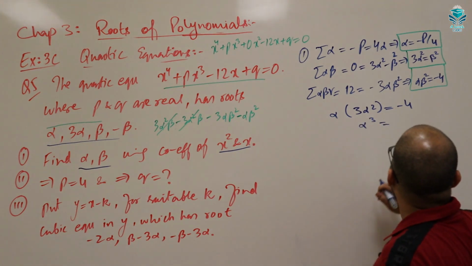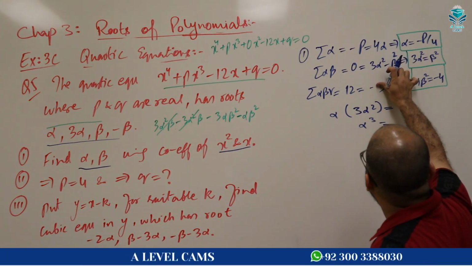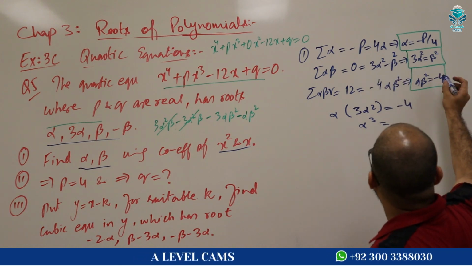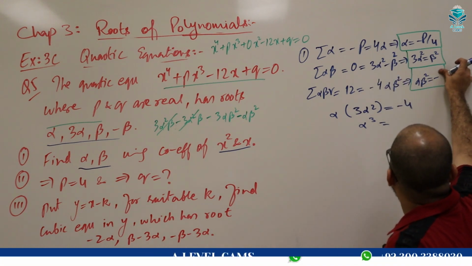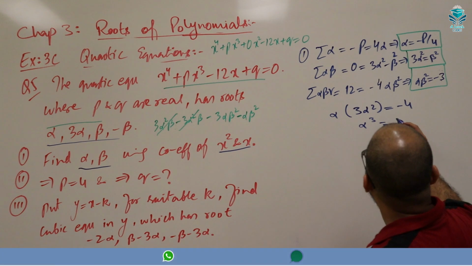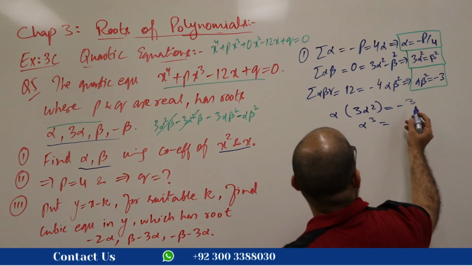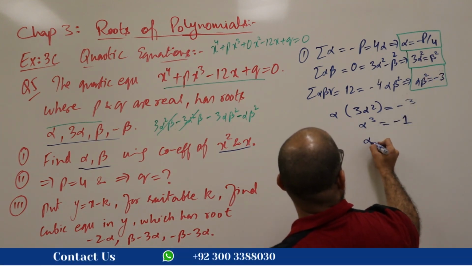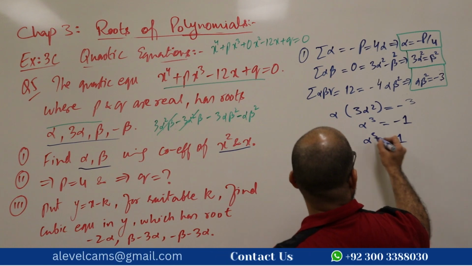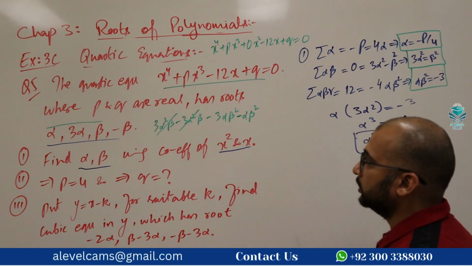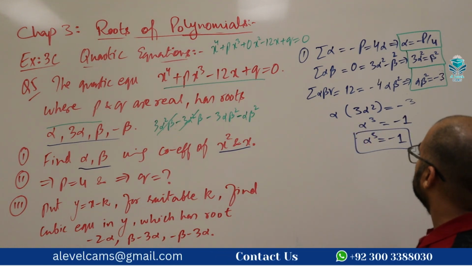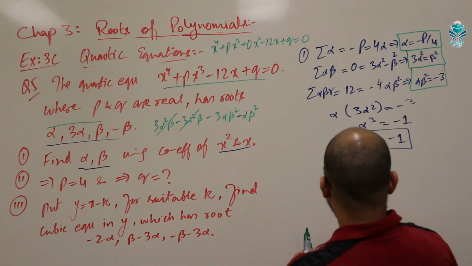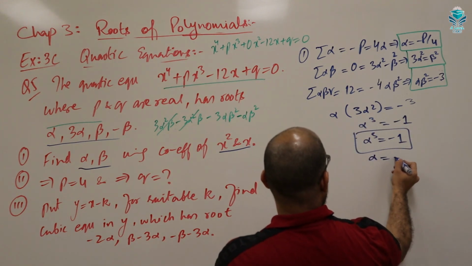So you have minus 4 alpha beta square, and from here you have 3 minus 1, alpha cube is minus 1. So students, you can write alpha is minus 1.